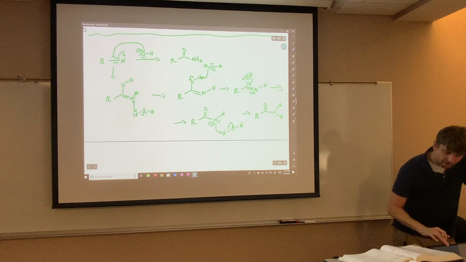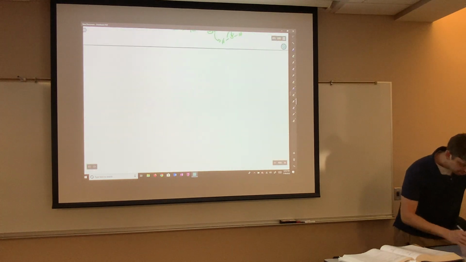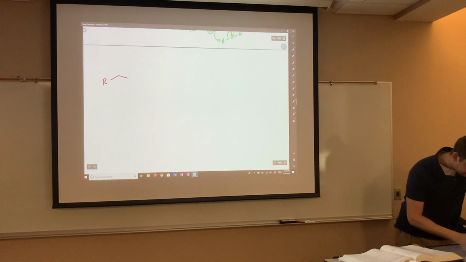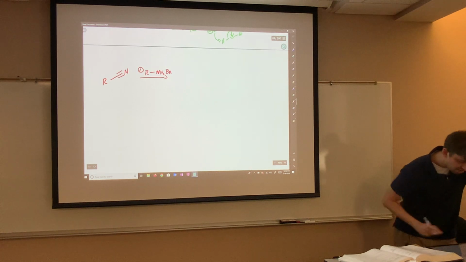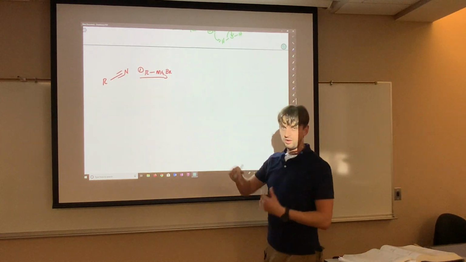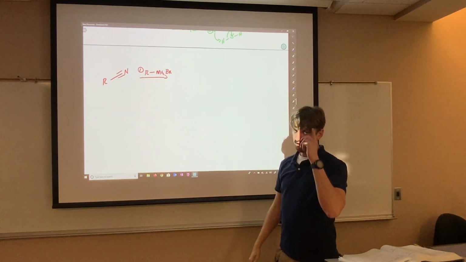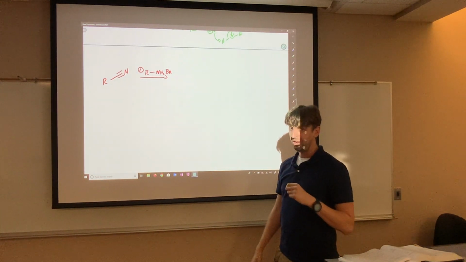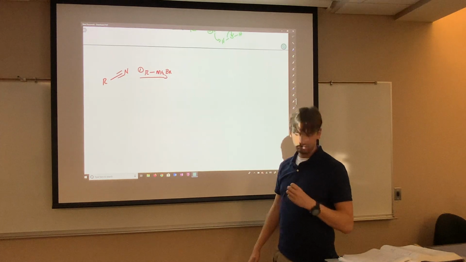So let's think here. Let's use a little bit of red. So, expanding on this thought here, if we put a Grignard in the presence of a nitrile, so another powerful base, powerful nucleophile, what's going to happen, right?